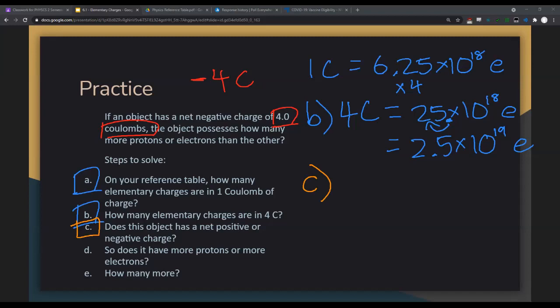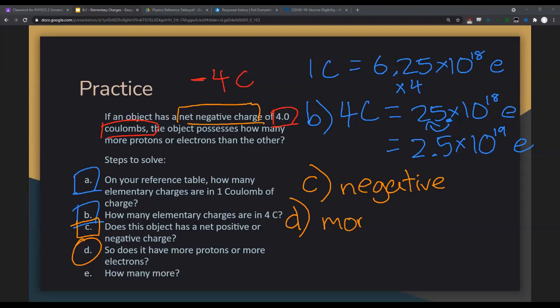It's a net negative charge. What does that mean? Does it have more protons or more electrons? It has more electrons, good. Because if you have a net negative charge, you have more electrons than protons.